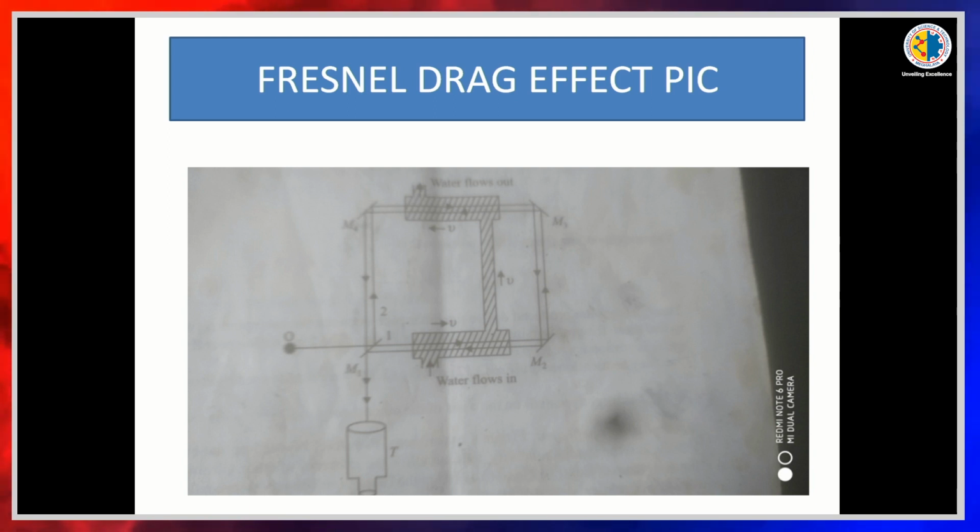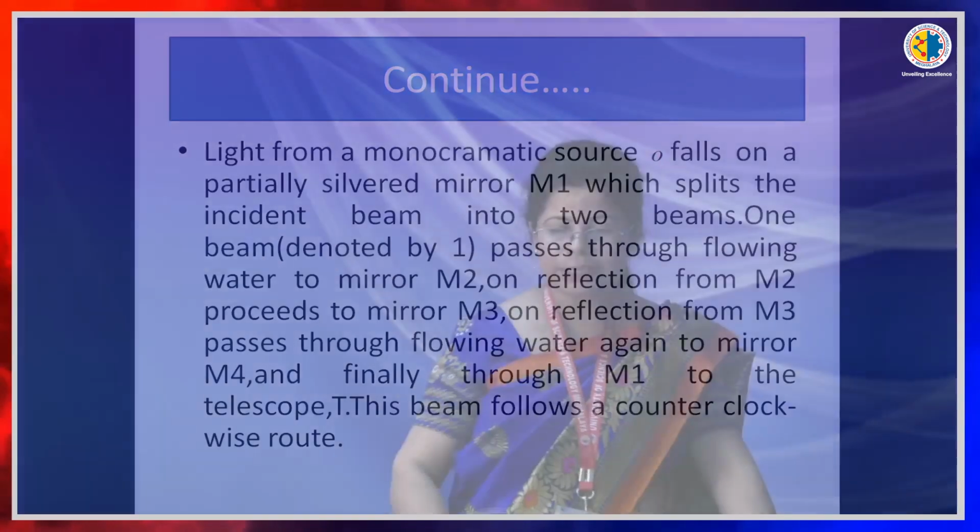From the monochromatic light source, the light is split at the mirror M1 into 2 rays. Ray 1 passes through the water to M2, then M3 and then M4, and finally back to M1, and then ray 2, a description is given.